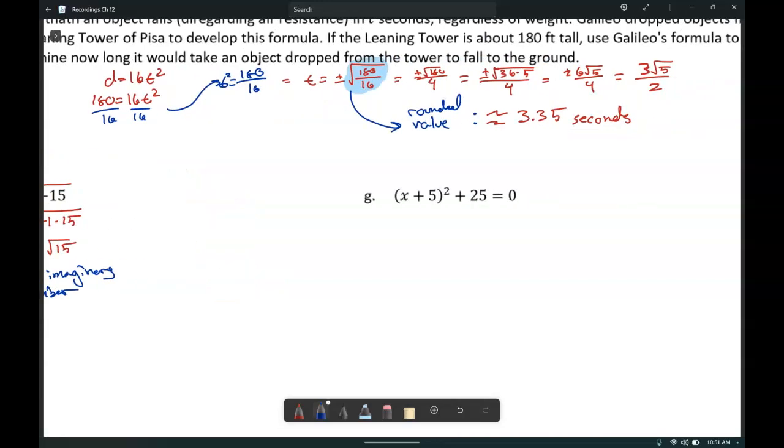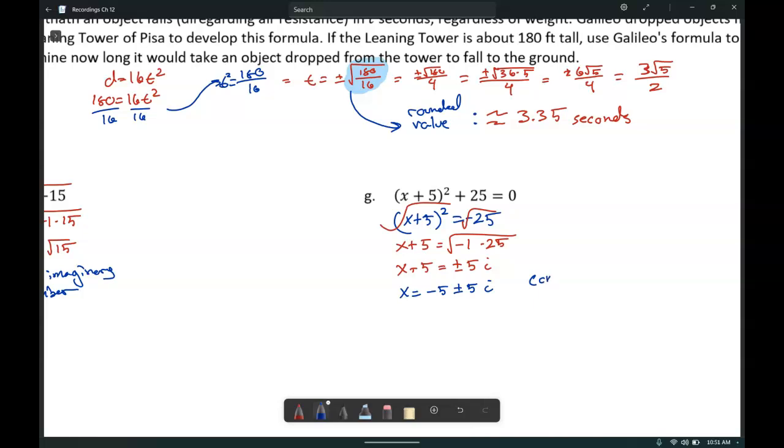For g, we subtract 25. We square root both sides. And since our factors are negative 1 and 25, and we get square roots of both of those, we get plus and minus 5i. And then we can subtract 5, negative 5 plus and minus 5i.